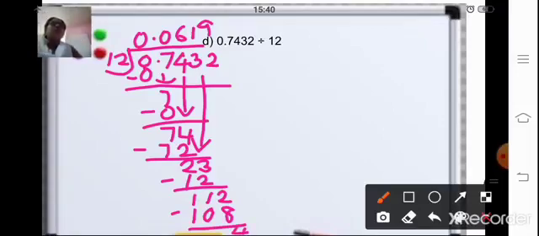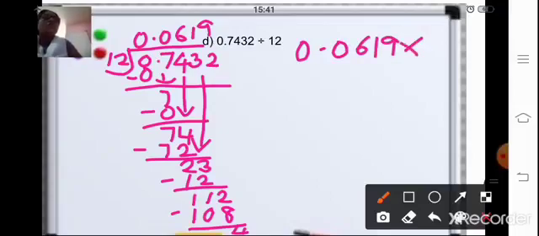Okay. Now here you can just directly verify your answer because the question is just to divide and verify your answer. So what we will do is we will verify. To verify you will write divisor into quotient. Your quotient is 0.0619 into 12 and your remainder is 4.